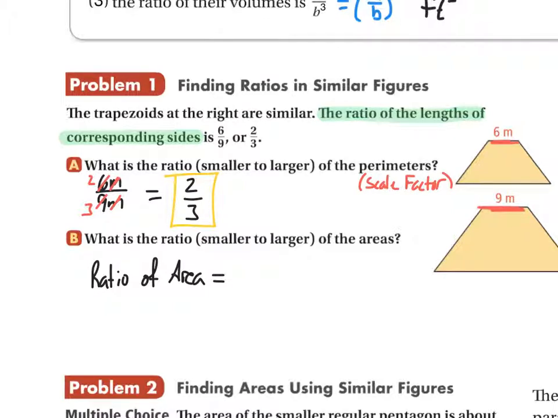So we're going to square it. Take the scale factor and square it. 2/3 squared, which means 2 squared over 3 squared. So our ratio of area is going to be 4/9. Questions?